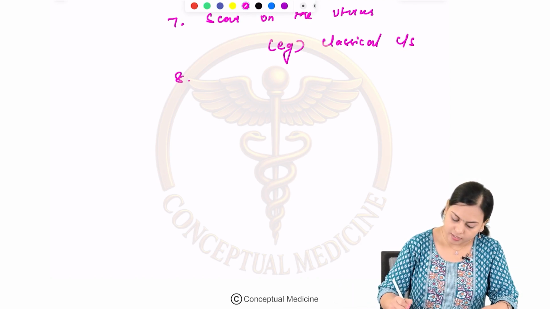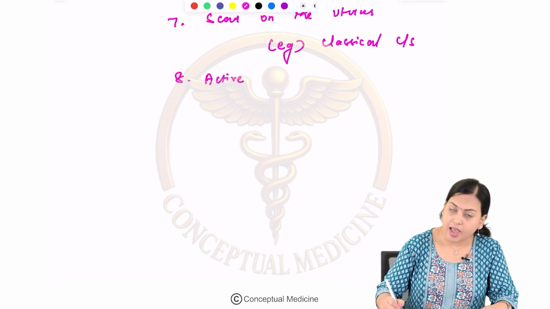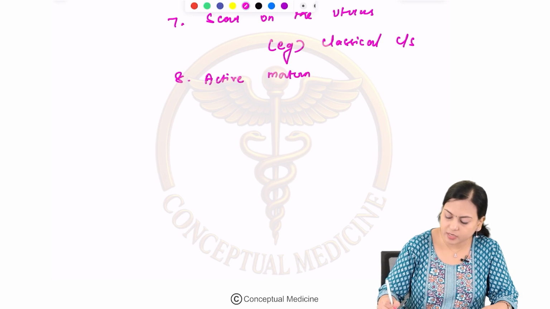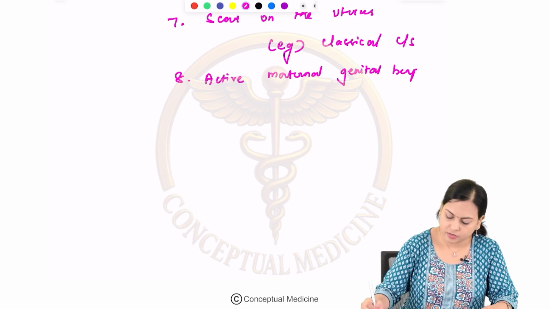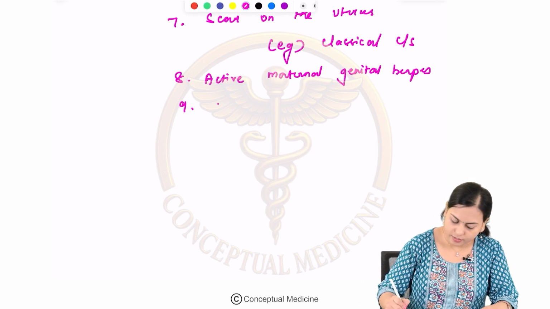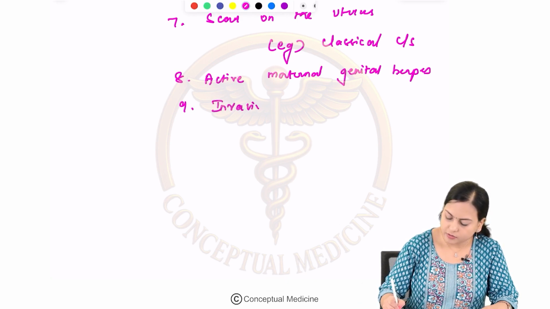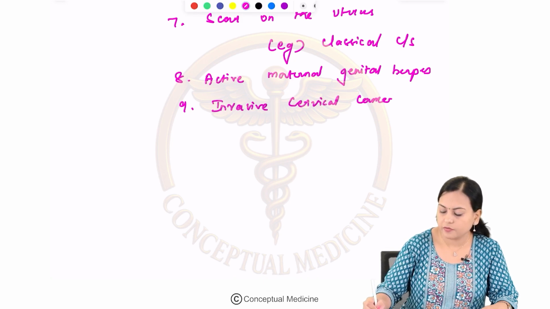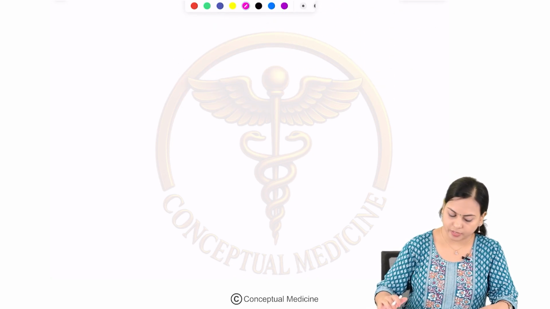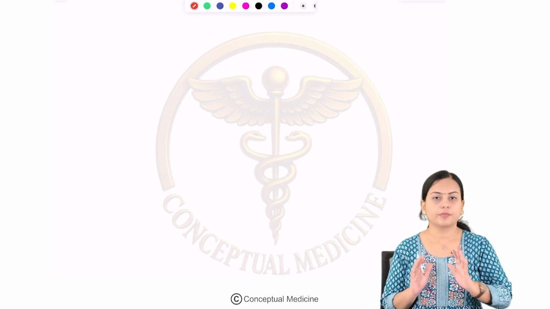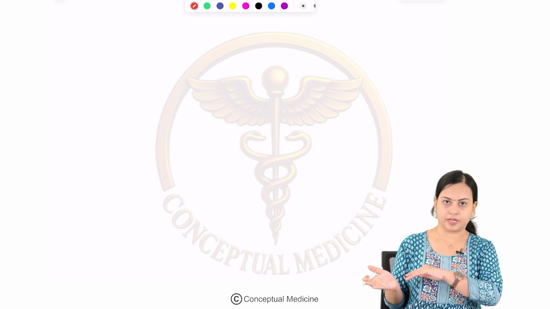And when there is active maternal genital herpes, we are not going to induce. And the last one is invasive cervical cancer in the woman. Clear? Now, we'll see what are the prerequisites for labor induction.